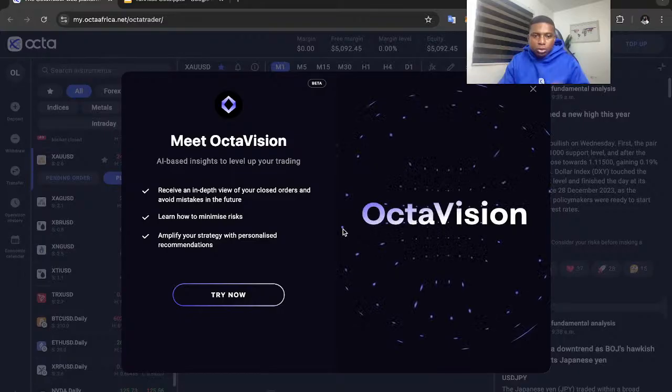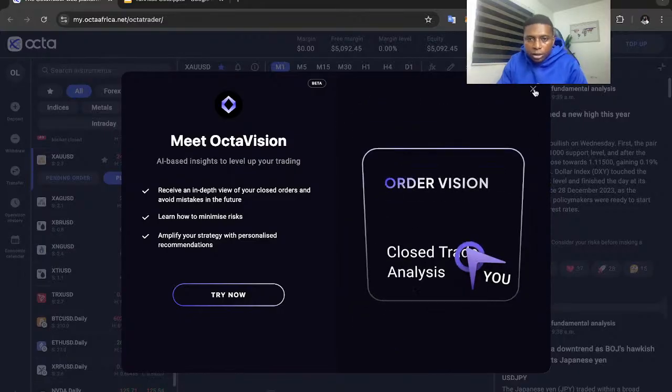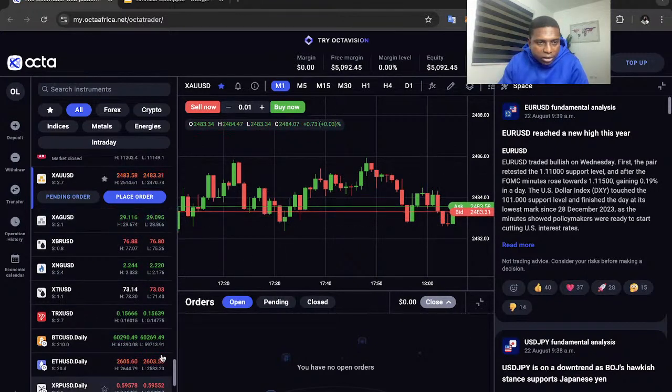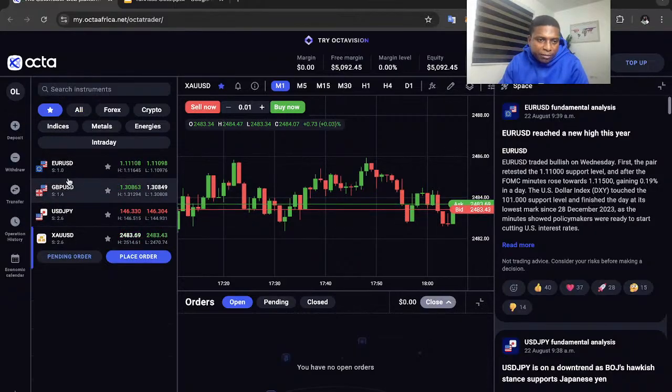We are already on the platform, looking at EURUSD. I have my favorite pairs under this star symbol. When I click on it, you see I've already highlighted some of my favorite pairs: EURUSD, USDJPY, and GBPUSD.